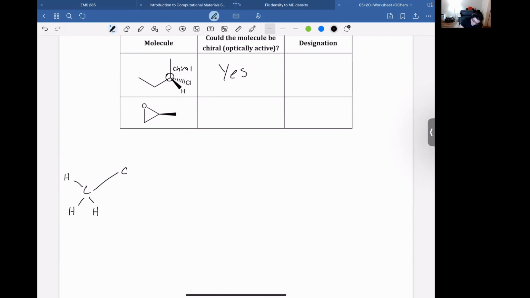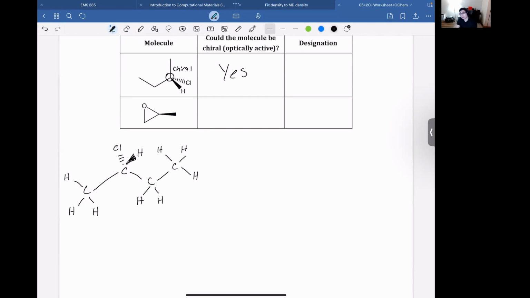Make this very clear. So that is the molecule in question, drawn with all the hydrogens and the carbons.